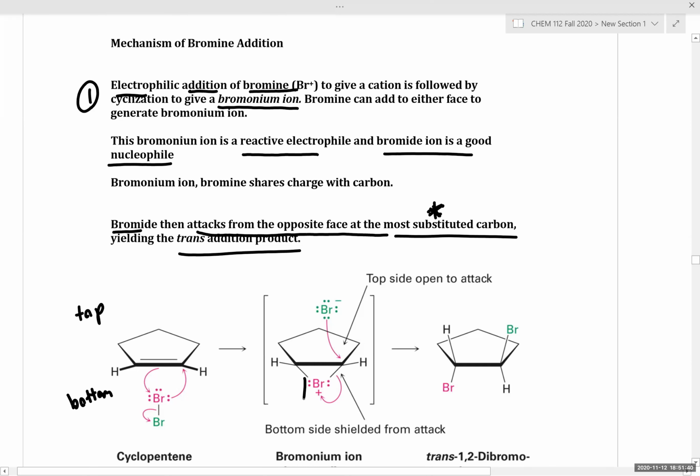Does everyone see how the bromonium ion and bromide are on opposite faces of our molecule? And does everyone see how this attack occurs from the opposite face to our bromonium ion? Perfect. So that partially explains why we observe the trans dibromination products rather than the cis dibromination products.